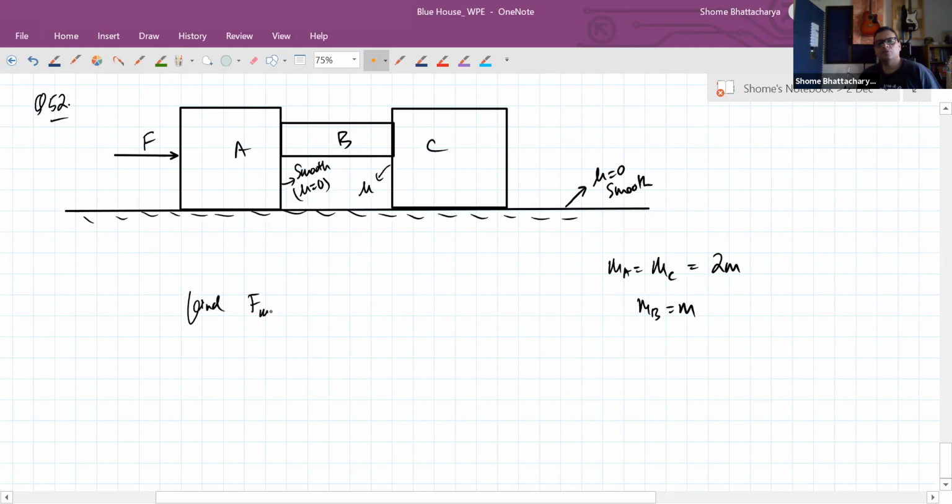Find minimum force so that B does not slip down. So if B does not slip down, this whole system should have a common acceleration of a.